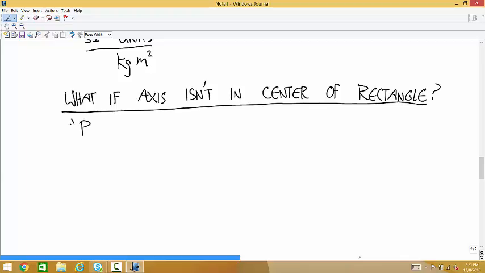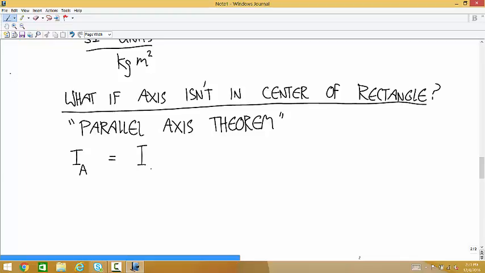Then you use what's called the parallel axis theorem. And the parallel axis theorem says the moment of inertia about some point A is equal to the moment of inertia about the center plus the mass of the object times d squared.